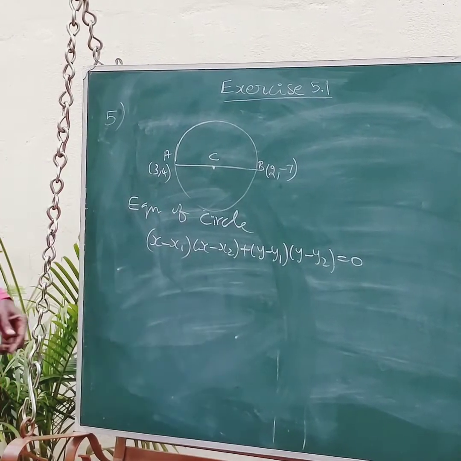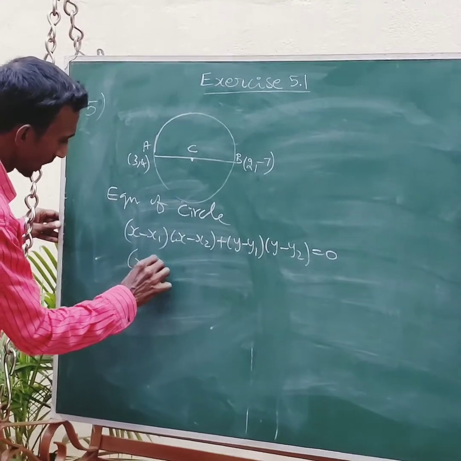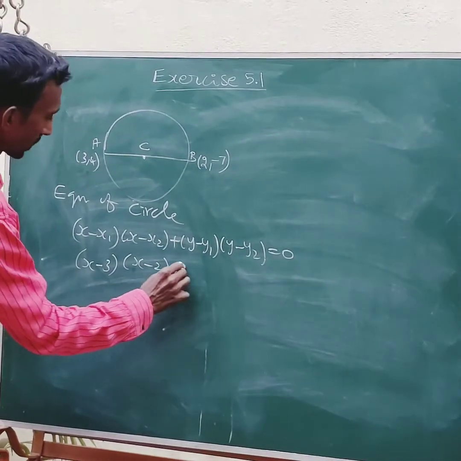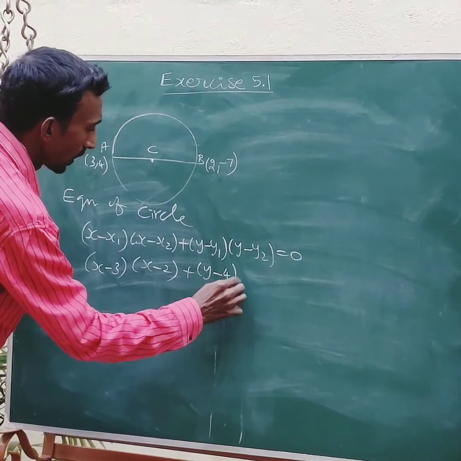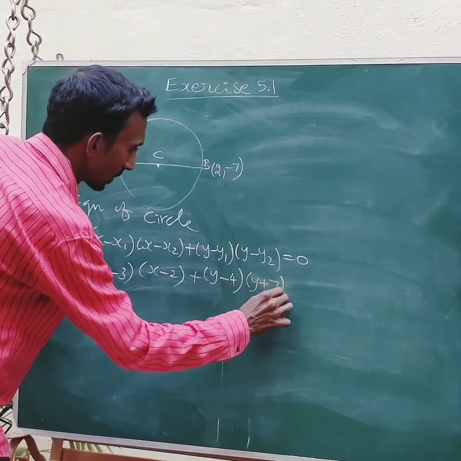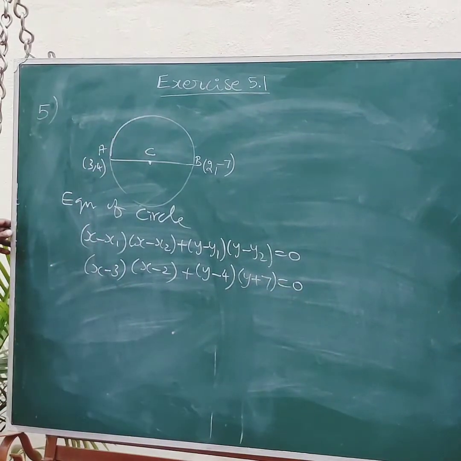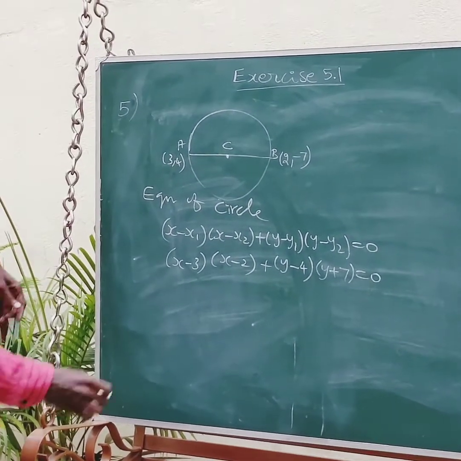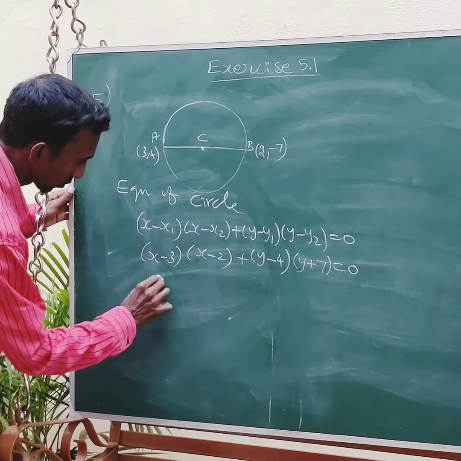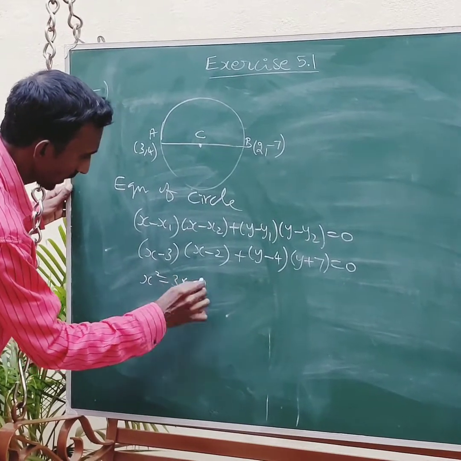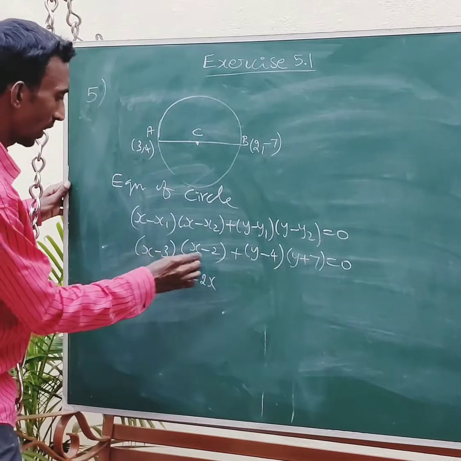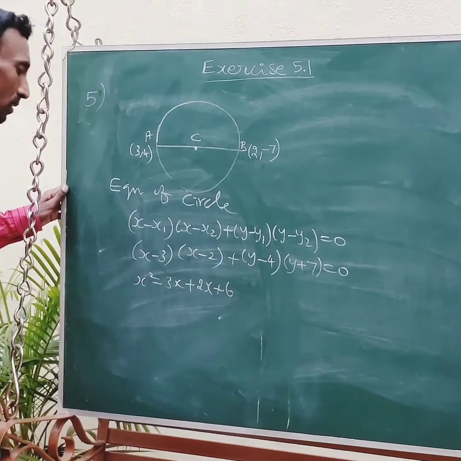Simply replace it here. So (x minus 3)(x minus 2) plus (y minus 4)(y plus 7) equals 0. The final answer must be in the general form, so simplify this. We are getting x square minus 3x, again minus 2x and plus 6.